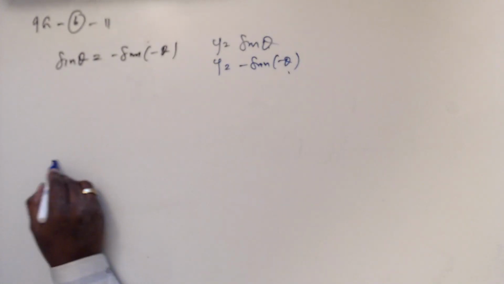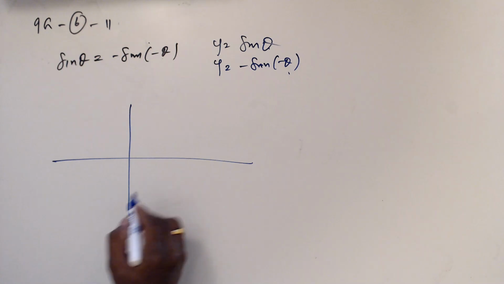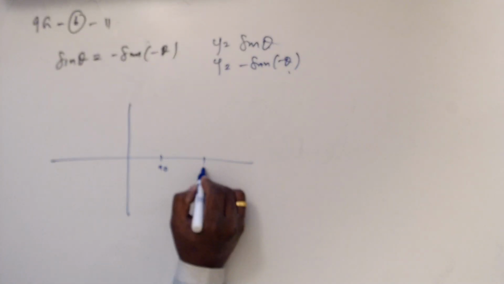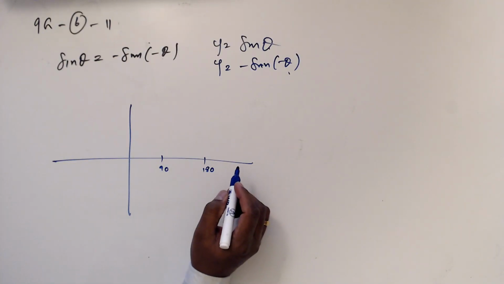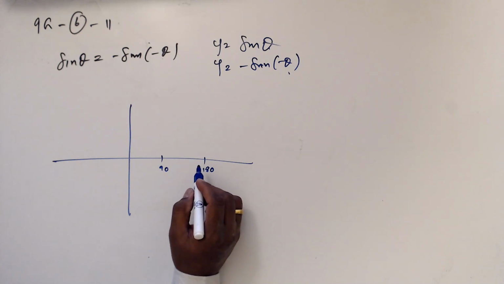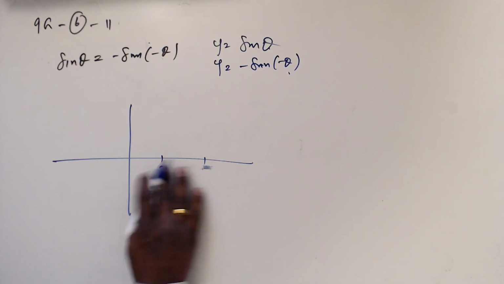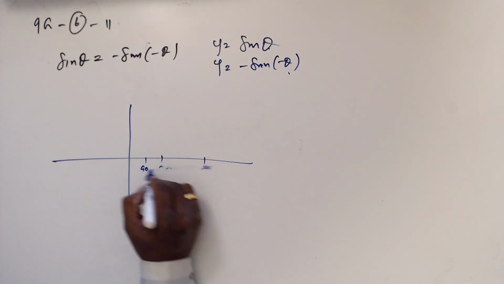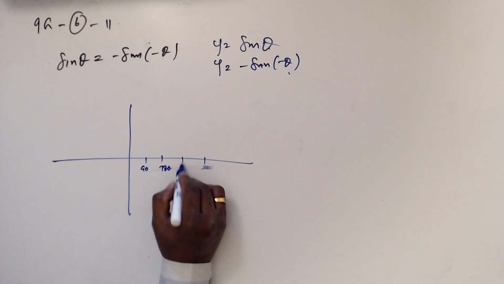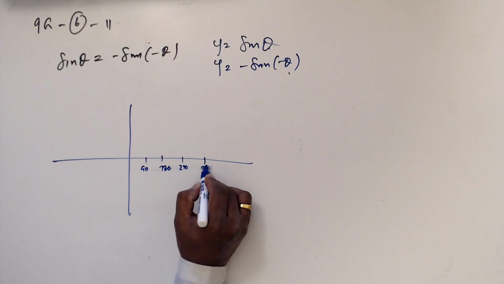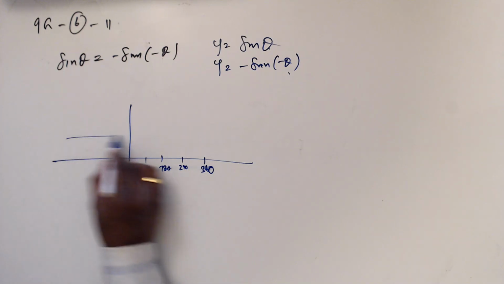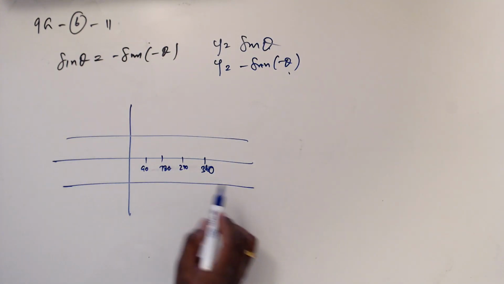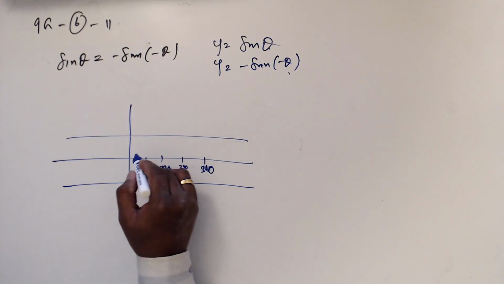Okay, assume that this is y equals sine theta. 90, 180, 270, 360. So this is sine theta.